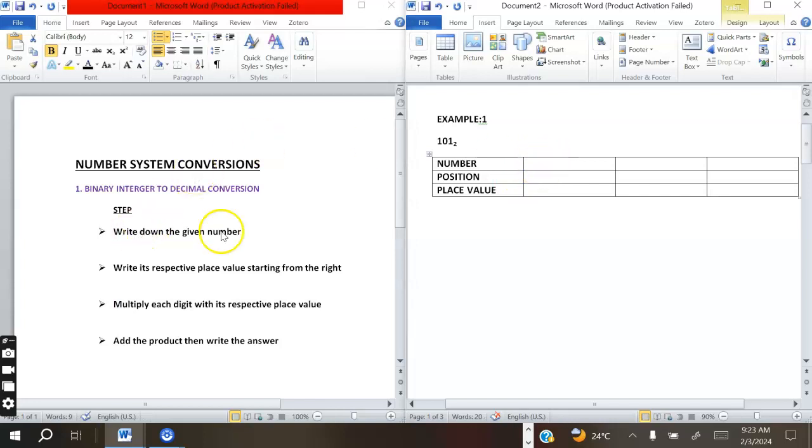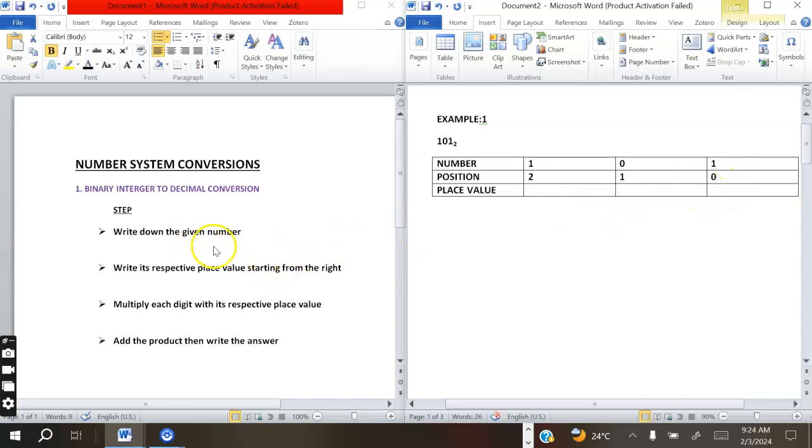So step number 1, as per the instruction, you write down the given number, that is 1, 0, and 1. Then for the position, you write the respective place value starting from the right. From the right, this is 0, this is 1, this is 2. The counting position always starts from 0.